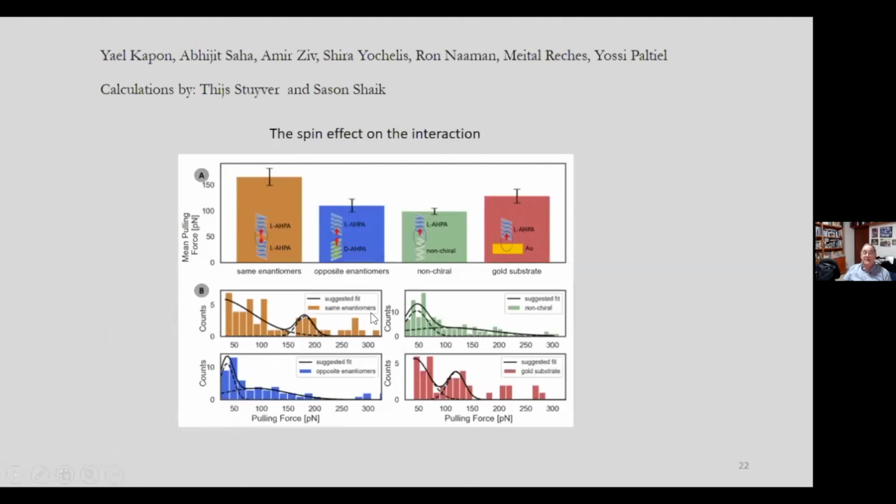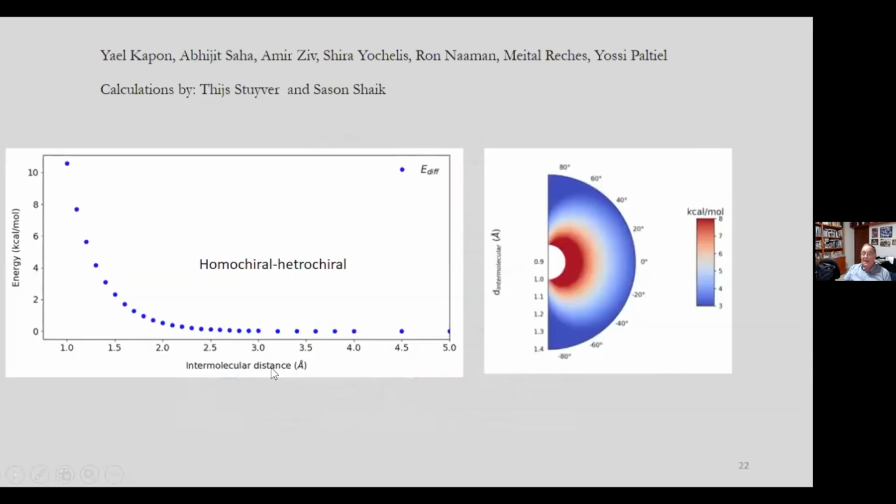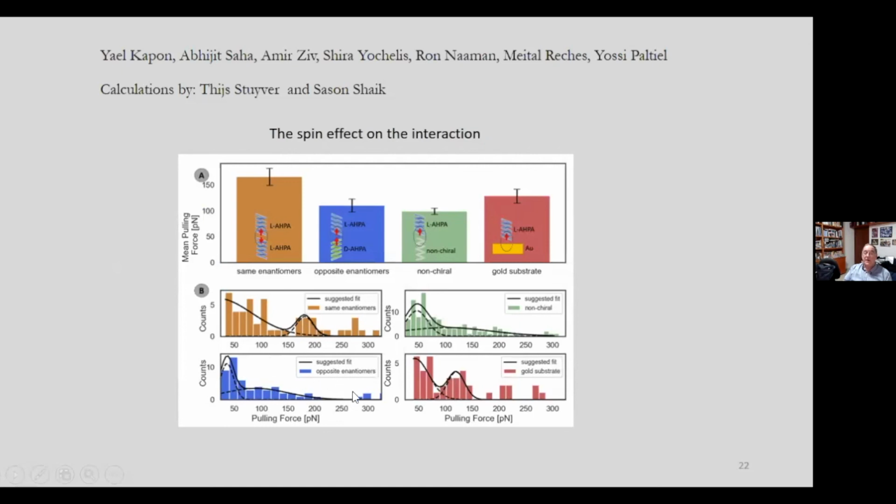And what we find, look here, you see clearly that in one case, if they are the same enantiomer, we have this binding energy, the force that we have to apply, and if they are heterochiral, the binding is much weaker. And here you see the difference, given in terms of force. In milli-electron volts, we are speaking of between 100 and 200 milli-electron volts.